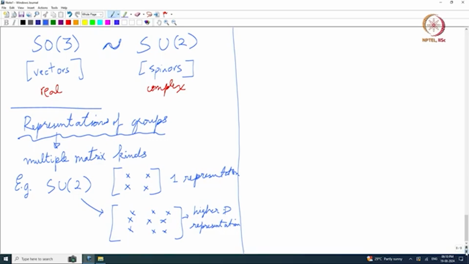We will see that there is a trivial representation, a fundamental representation, higher order representations, higher dimensional representations, and what we mean by reducible and irreducible representations.